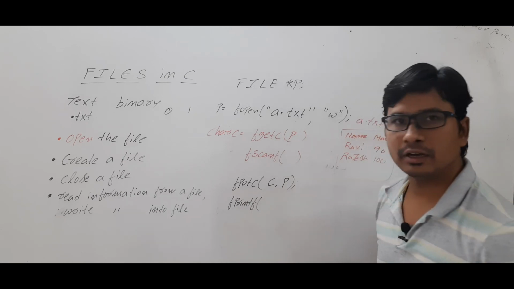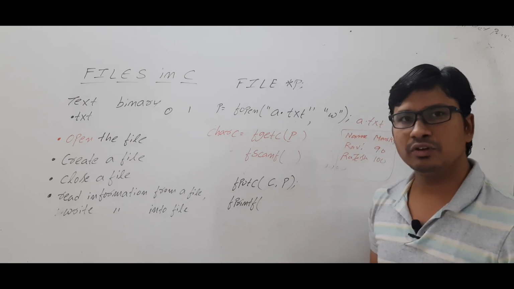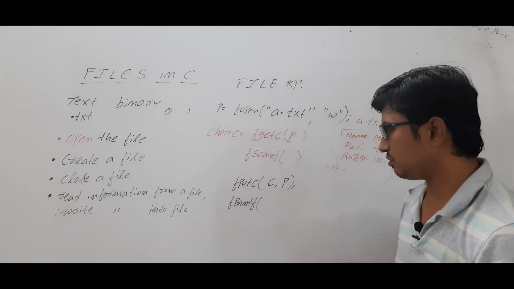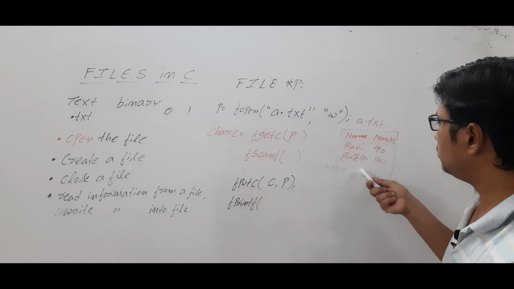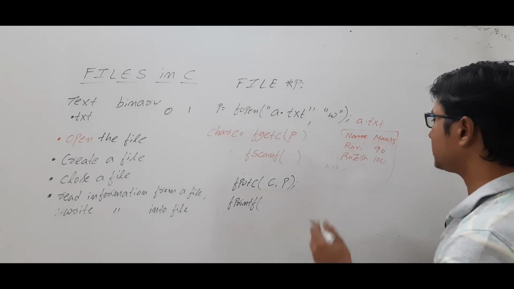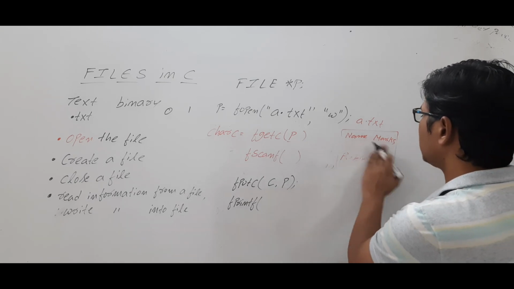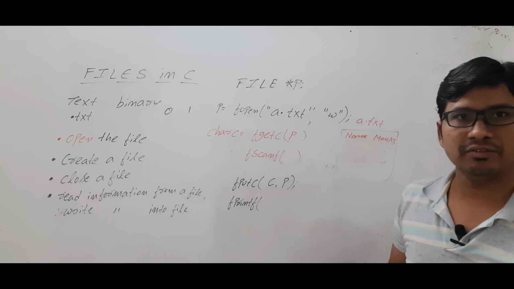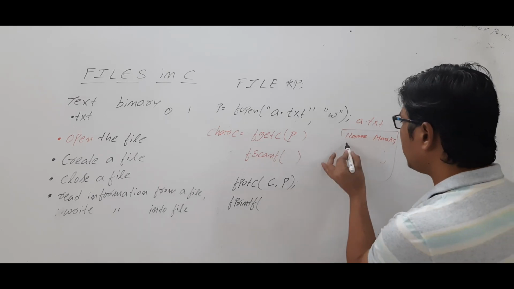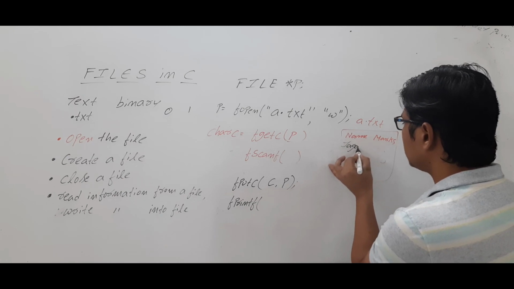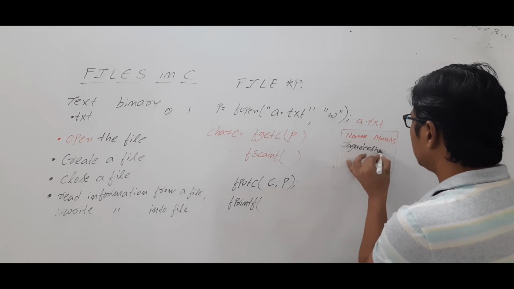Whereas fprintf is useful for writing information into the file, whereas fputc is character by character. Suppose you want to write one more piece of information, such as the name and marks, like Ravi. Obviously if you open the file in write mode, the existing information will be erased. Now I want to store Jagadish with 100 marks.